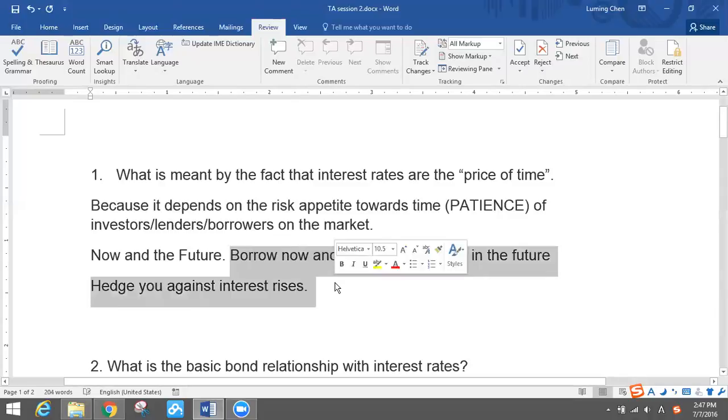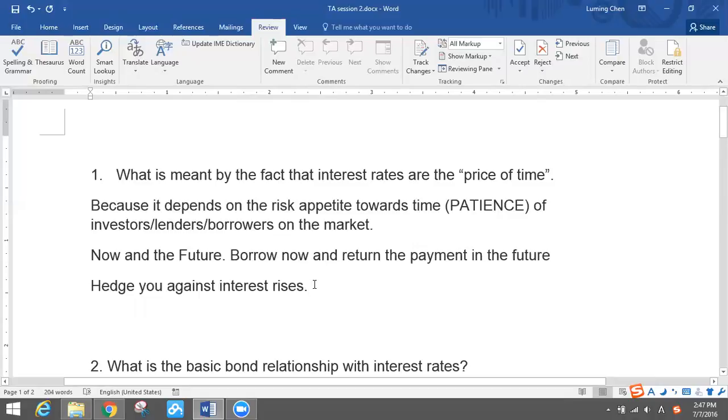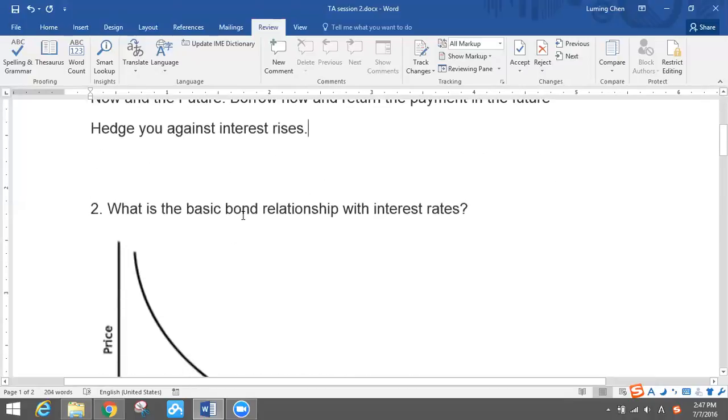So it's basically some arbitrage between now and the future.